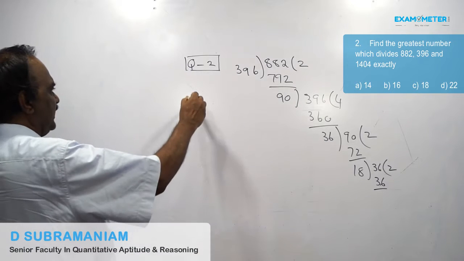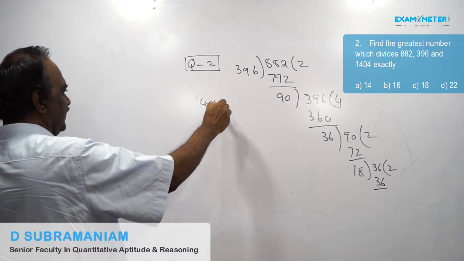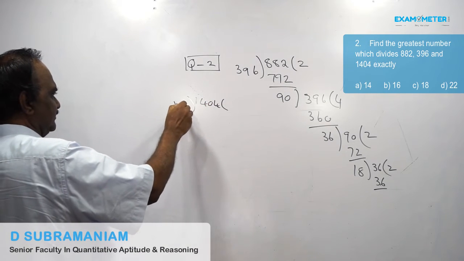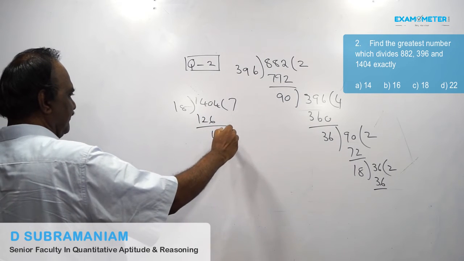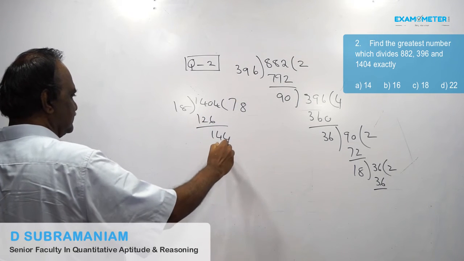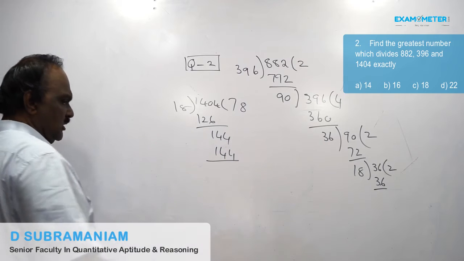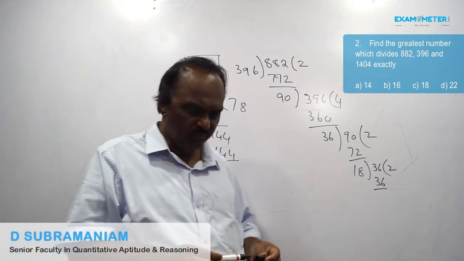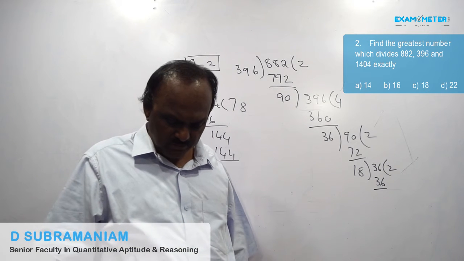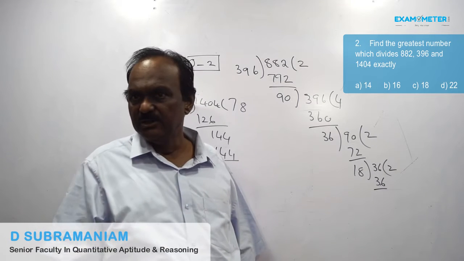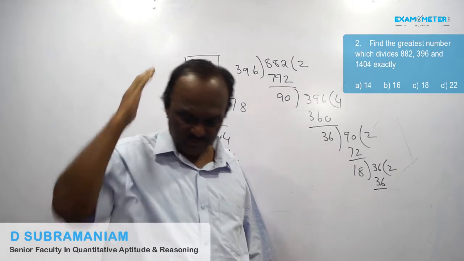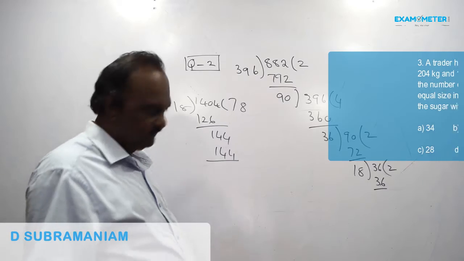Now divide 1404 by 18. So highest common factor of 882, 396 and 1404 is 18. So answer is 18. Question number 3.